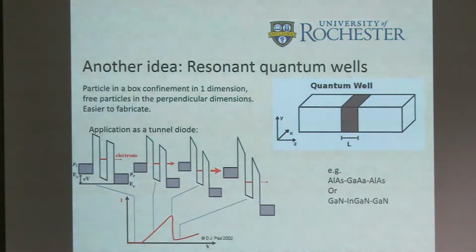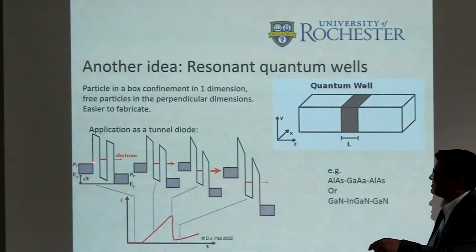The other way that may be more practical is using an idea called a resonant quantum well. So this is, rather than the quantum dot that has a 0-dimensional shape, like a 2-dimensional device. And the idea now is that I have a cylindrically symmetric geometry, I have a slice of this well of size L, and this size L is then tuned to the Fermi wavelength of the transport electrons.